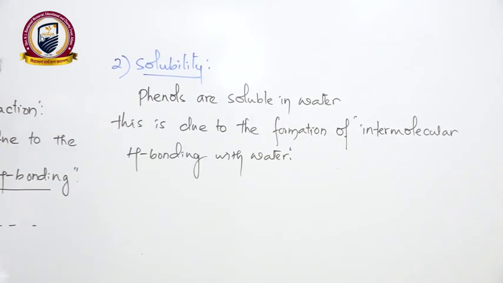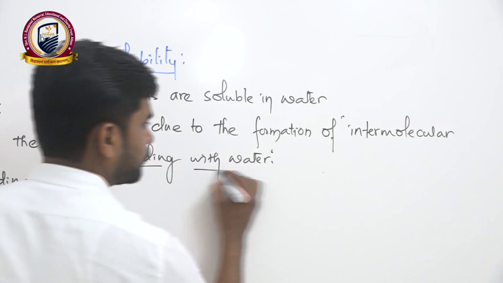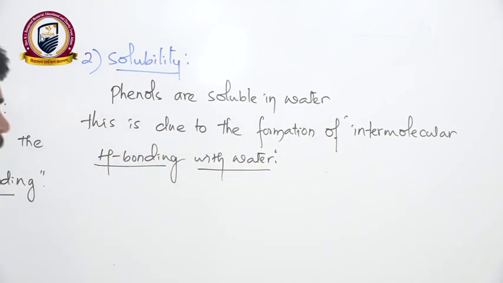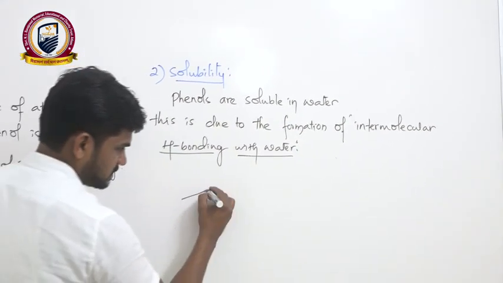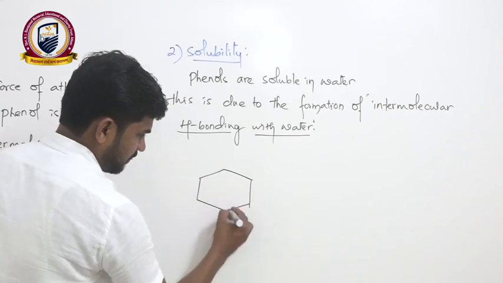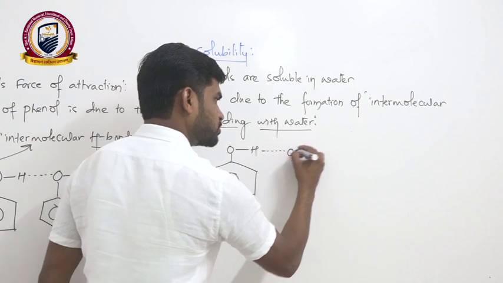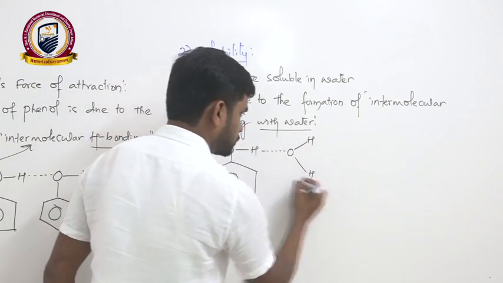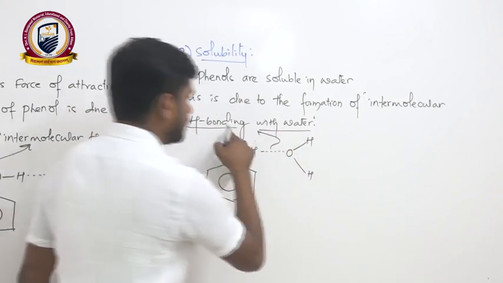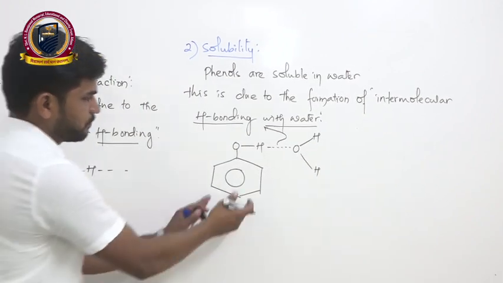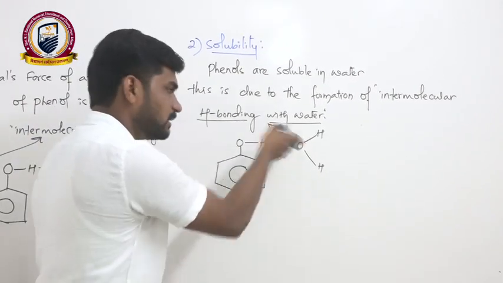If the compound forms intermolecular hydrogen bonding with water, it is soluble in water. We can show that this phenol can form intermolecular hydrogen bonding with a water molecule. So this bond is called intermolecular hydrogen bonding, and this makes phenols soluble in water.